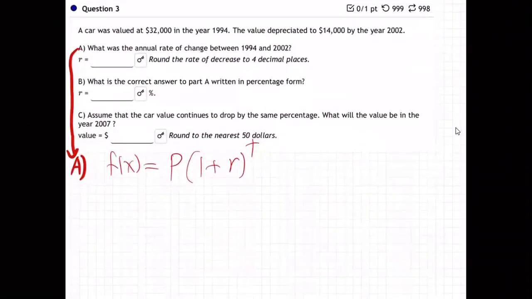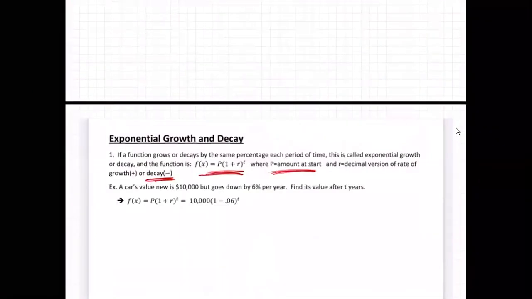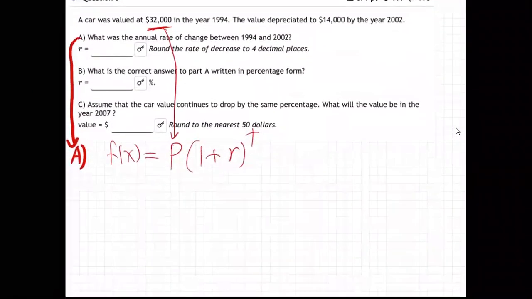Okay, so the car was valued at 32,000. So that's our p, because, as it says right here, p is the amount at the start. And then 1 plus r, we don't know. Well, that's what we're trying to find, the rate, right? What is r?